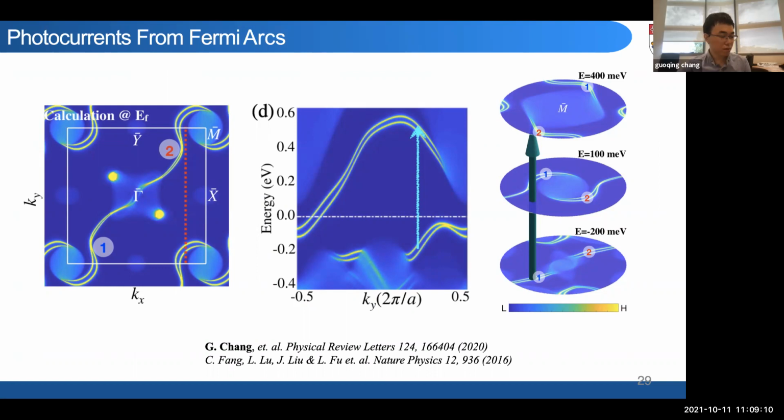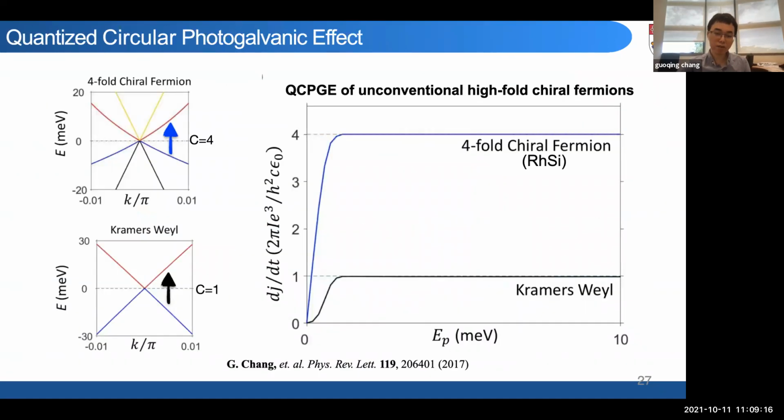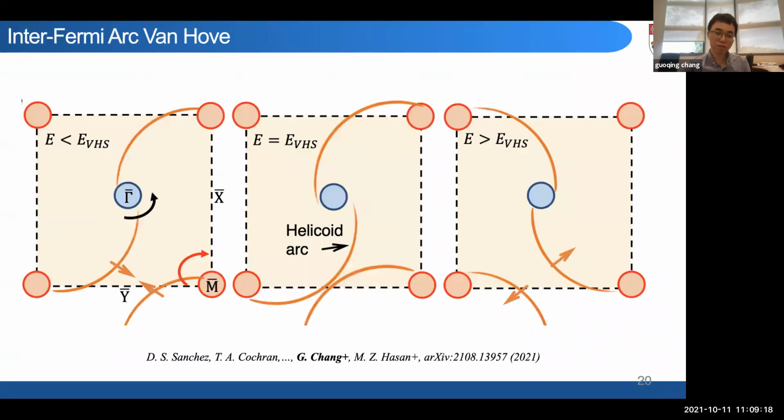Because now, if we think about the simple case, we will have a positive Weyl fermion and a negative Weyl fermion here, right? If you consider this band structure, it's not a small perturbation.